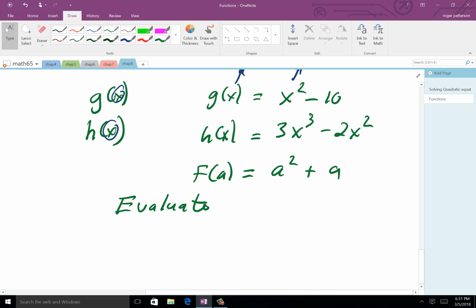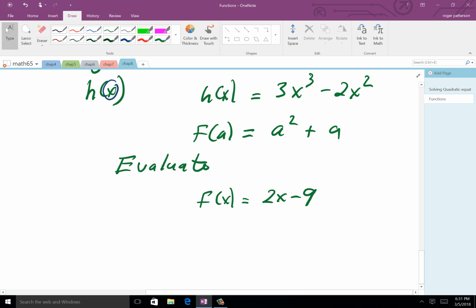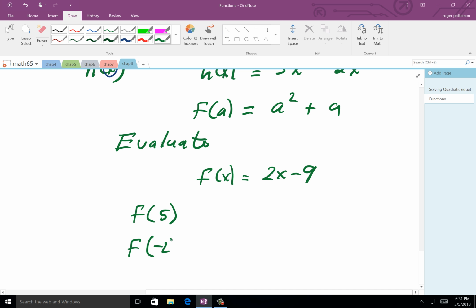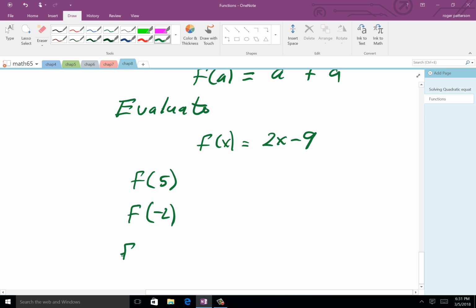They're going to say, okay, here we've got a function f of x equal to 2x minus 9, and we want to know what f of 5, f of negative 2, f of 10 are. So how do we do that?